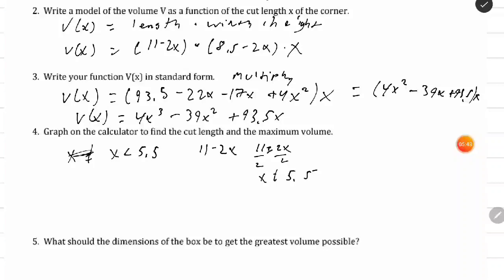But almost everything less than that is okay. And of course, x has to be bigger than 0.